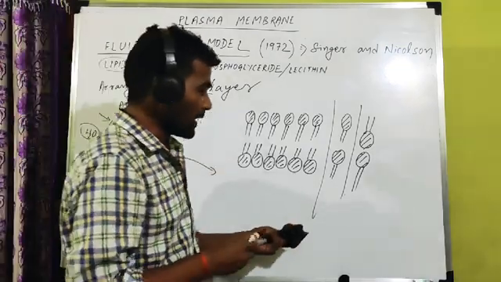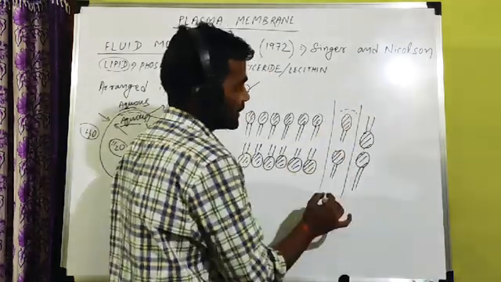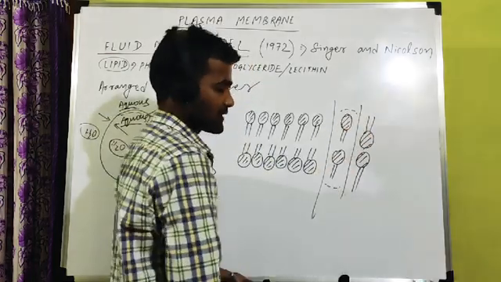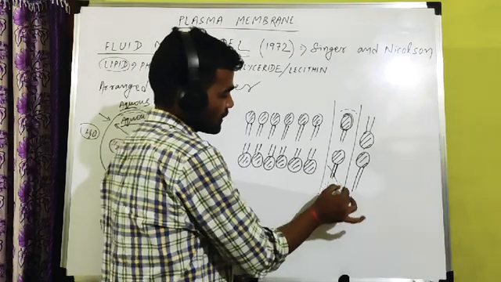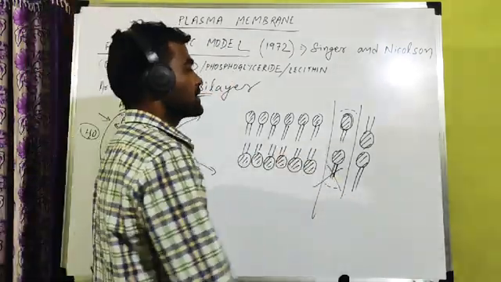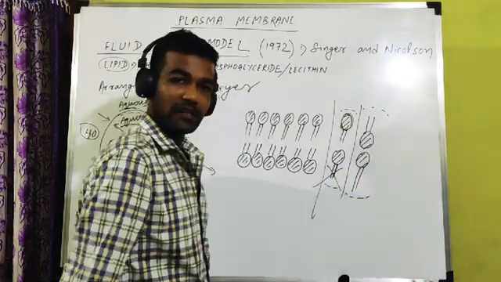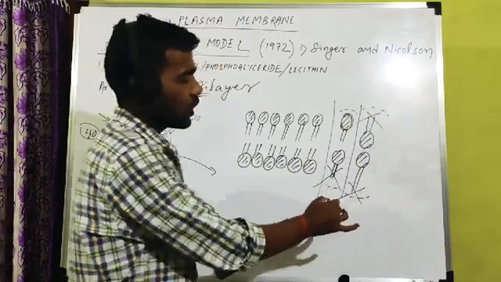But if you imagine this type of situation, what will happen? On the outer side there is water, on the inner side there is also water. On the outer side there is no problem because the head is facing, but here the tail is hydrophobic, so this type of situation cannot be. Similarly, here water is present outside, water is present on the inner side, and on both sides the tail is exposed, so this type of structure is not possible.